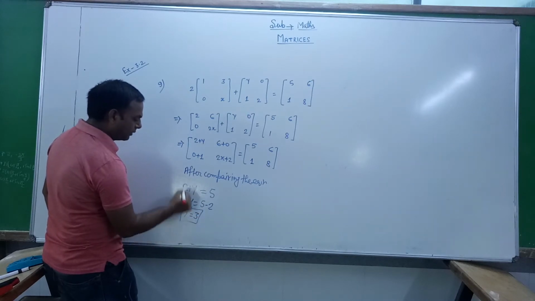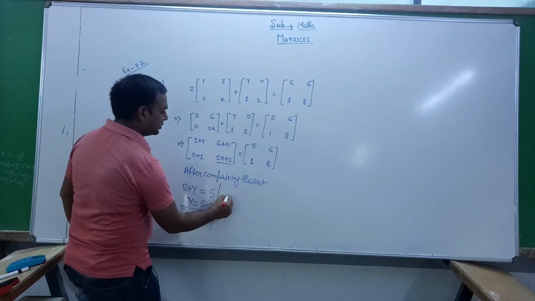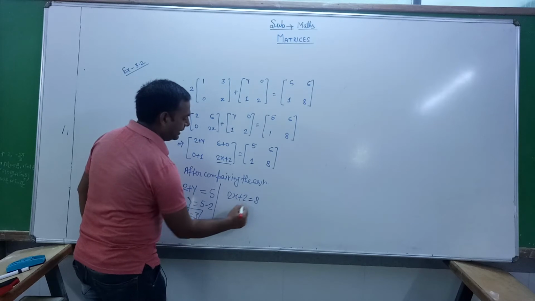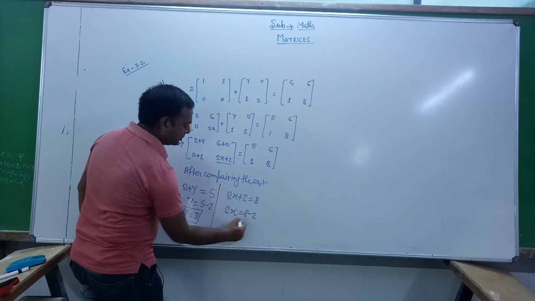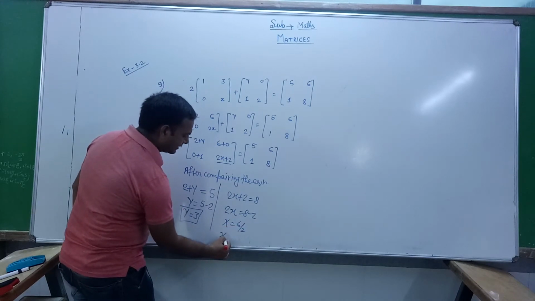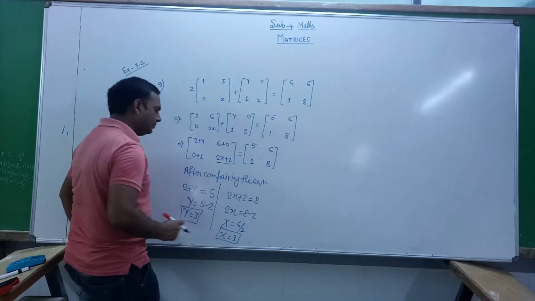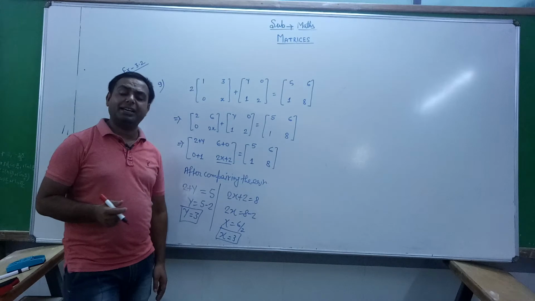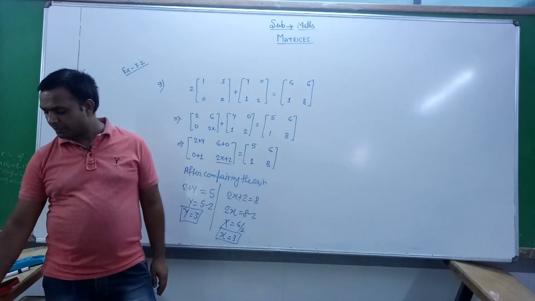So the value of y is 3. And second, this element 2x plus 2 is equal to 8. So 2x is equal to 8 minus 2. So x is equal to 6 by 2. So x is equal to 3. Do you understand? So the value of x is 3 and the value of y is also equal to 3. So this is the answer.